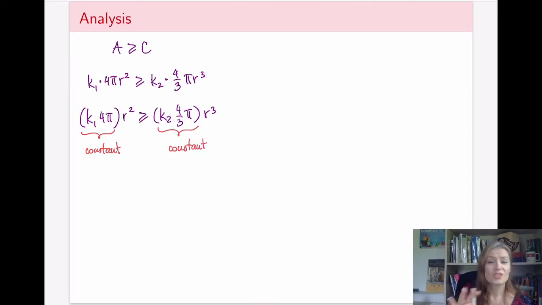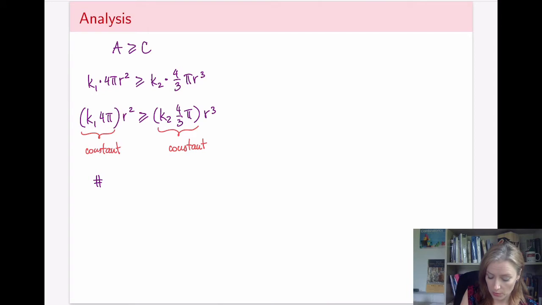Okay, so just to make it a bit easier on the eye, let's rewrite this expression and replace this bulky, lots of numbers and letters, which is just one big constant, with something a little more compact, okay? So let's say that this constant is some number, and then you notice that it's this number times r squared.